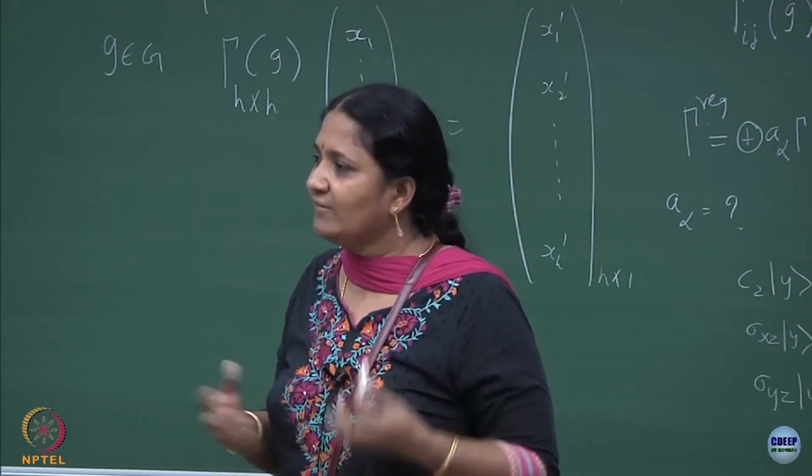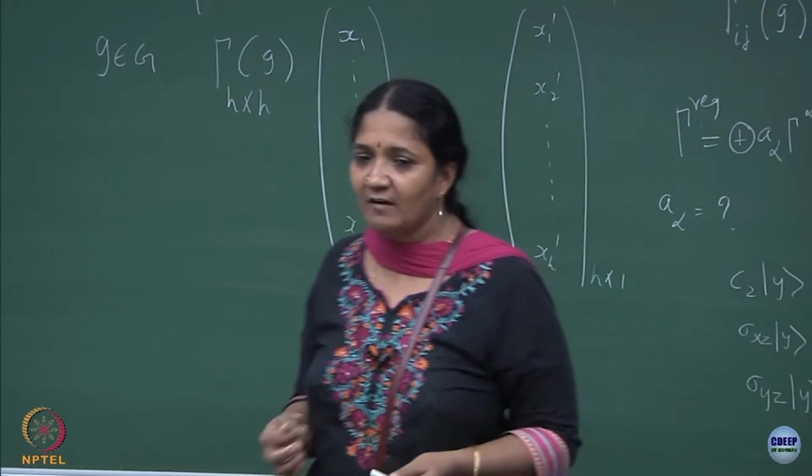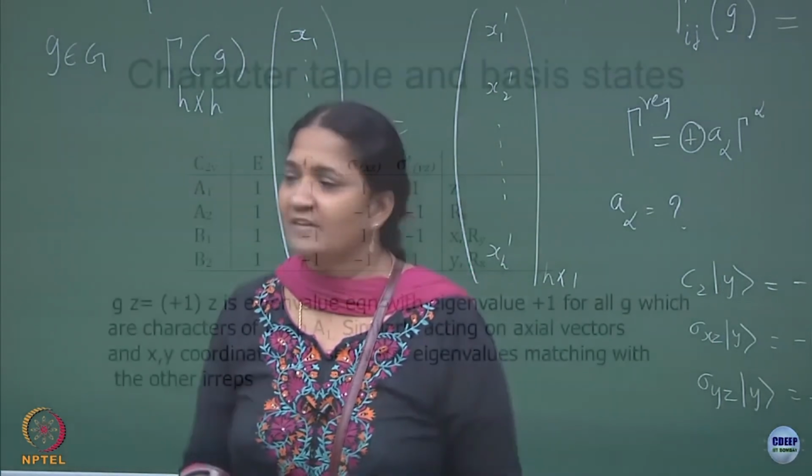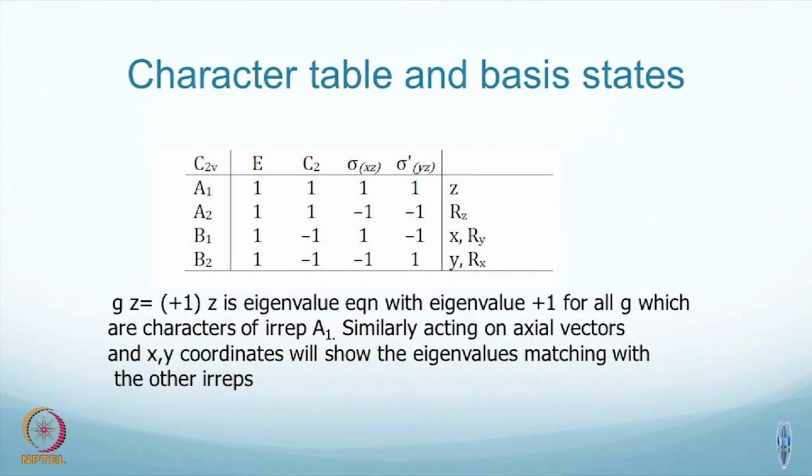If I ask for the x component of the dipole moment vector, then the corresponding irreducible representation to which it belongs will be B1. Okay. Is that clear? So, that is where this basis state plays a crucial role.